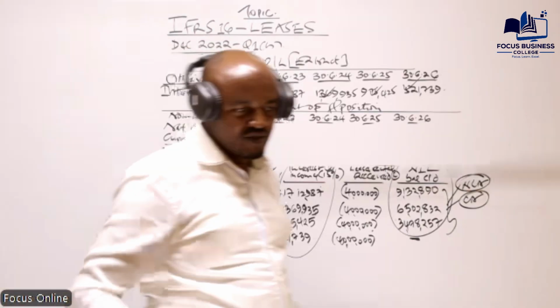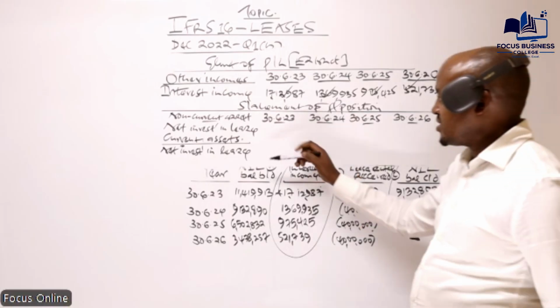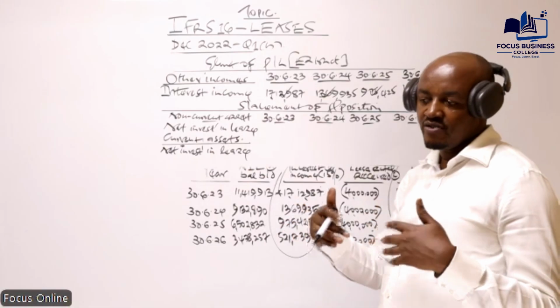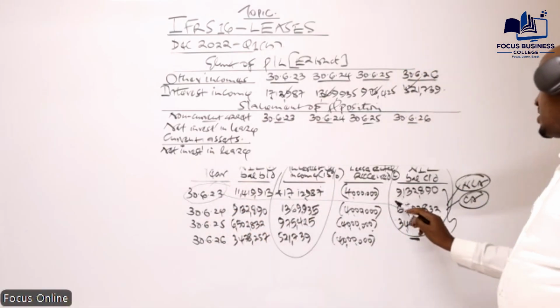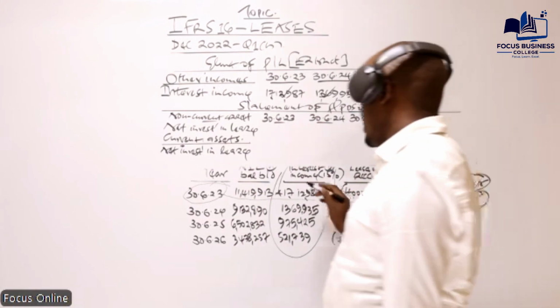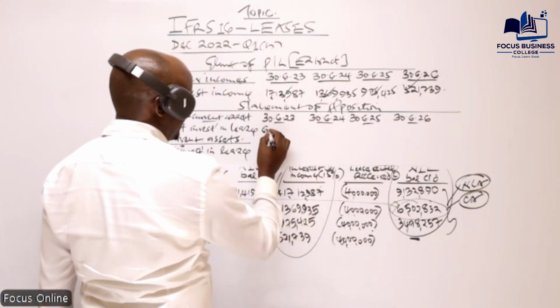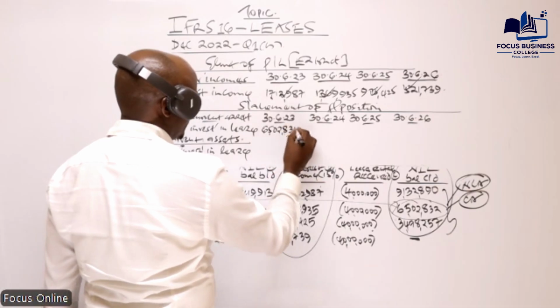And just like what we did yesterday, the amount to be recognized here as a non-current asset is the amount to be received for a period exceeding 1 year. So in the first year, we take the net investment in the lease at the end of year 2, which is 65,02,832.